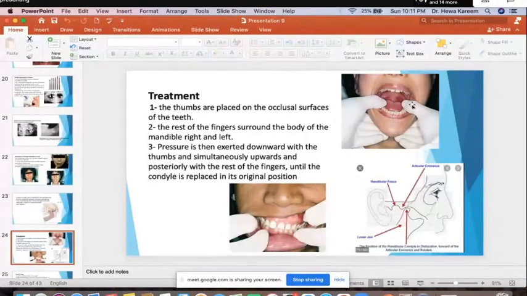Press downward, backward, and upward to return the mandible to its original position. What is dislocation? Dislocation means that the head of the condyle is outside the glenoid fossa. This is the glenoid fossa, and the head of the condyle is outside of it.